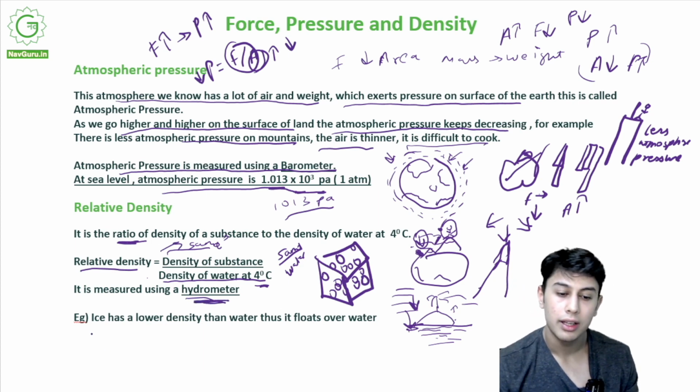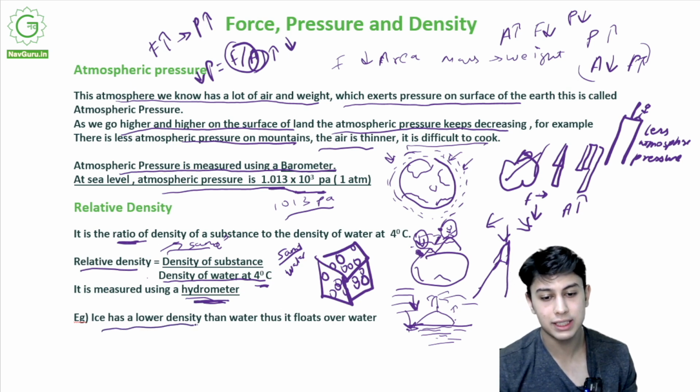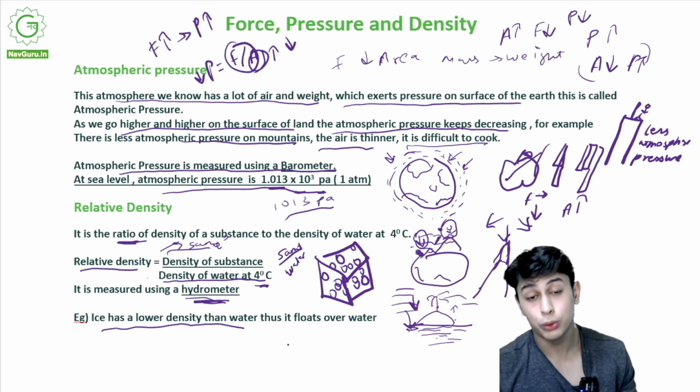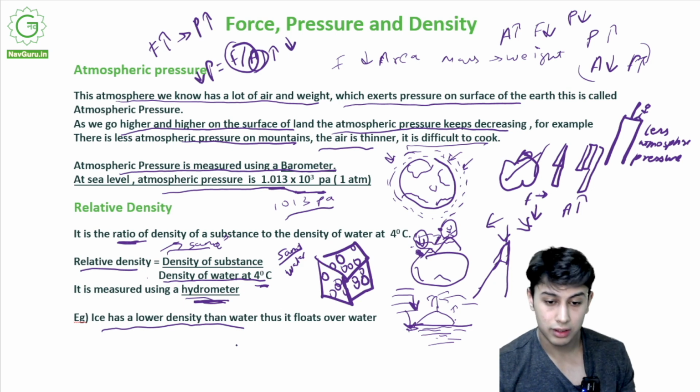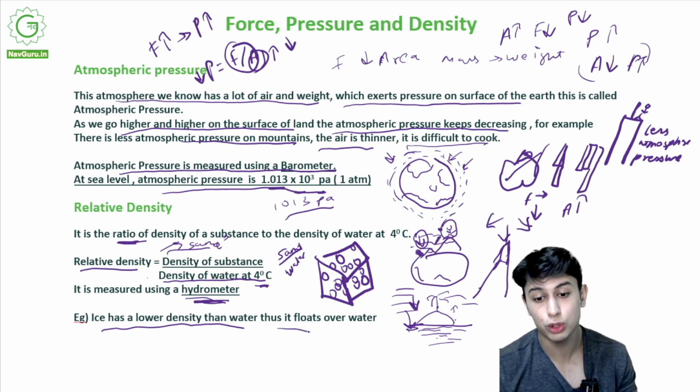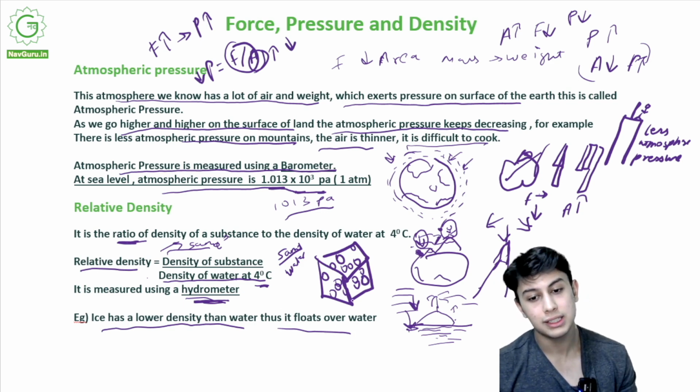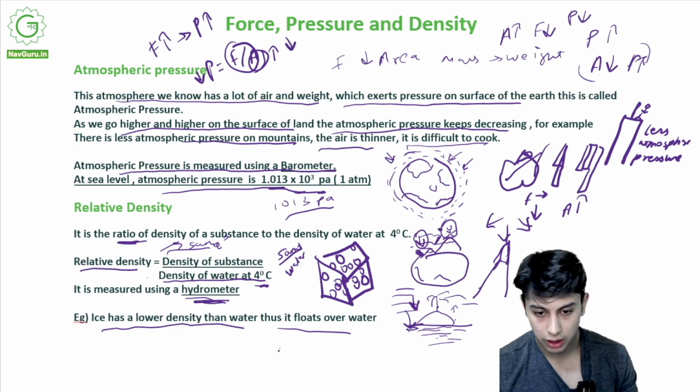Remember the name. For example, ice has a lower density than water. I know you will say it is a solid, but it has a lower density than water. Thus it floats over water. You can be asked this anytime: why does ice float over water? Supposedly this is a cup of water and this is ice.